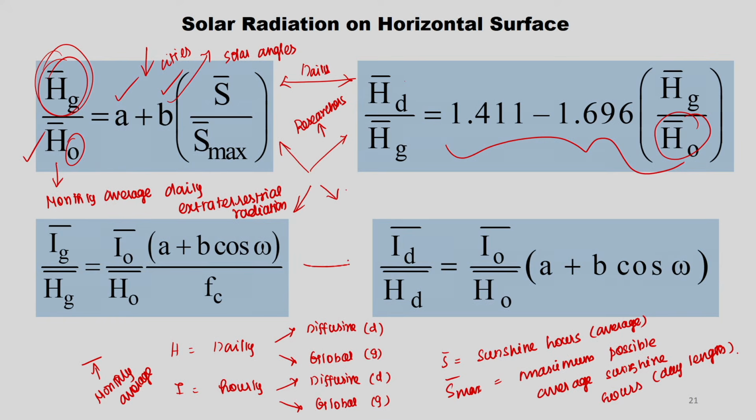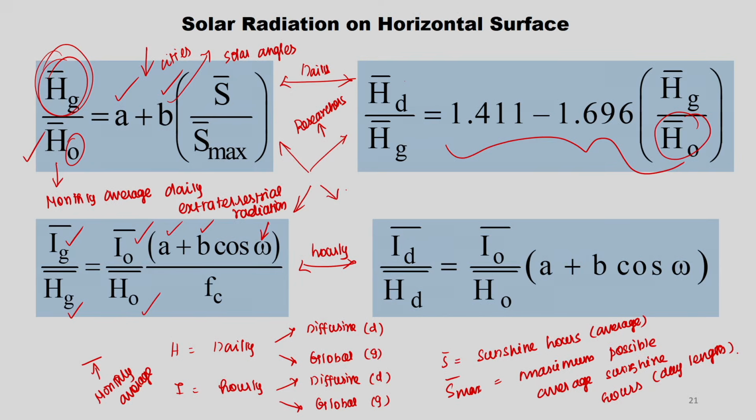The same way, hourly radiation also can be calculated. This is hourly global, this is daily global. Hourly global is connected with daily global using this particular formula. I naught and H naught are extraterrestrial. A and B are given by formulas, or given directly for a particular location.